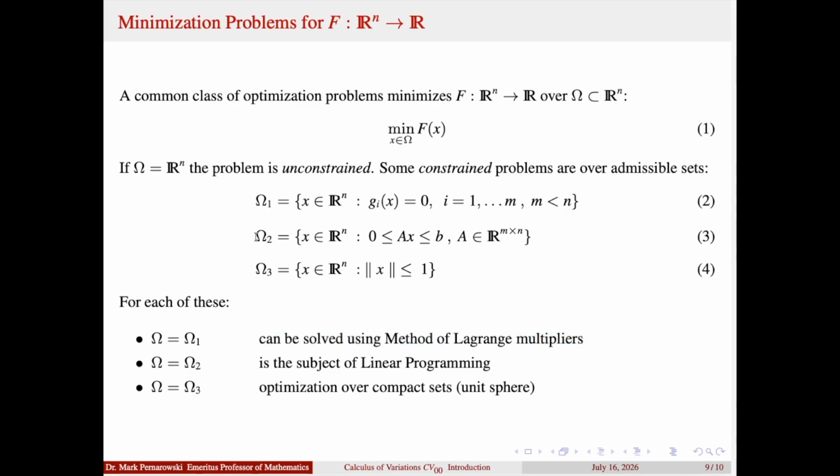Here's a different kind of constraint. Maybe I'm minimizing or maximizing f over a different set, where the set is defined using a matrix A x, and the values of all of the elements of A x lie between 0 and b.